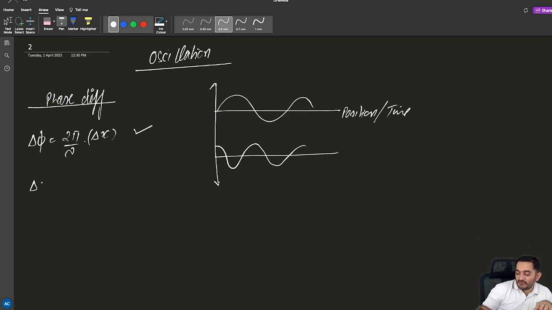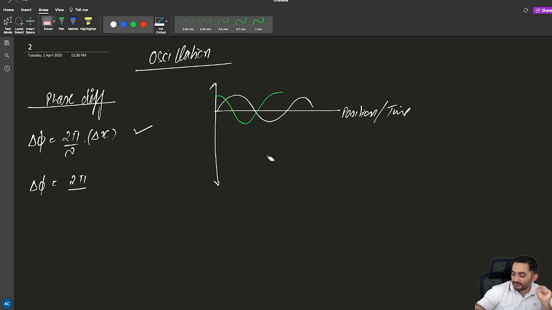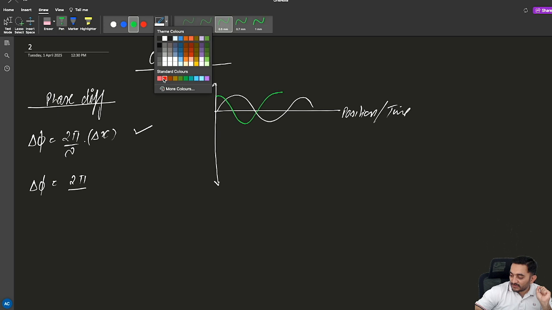If the value is given in terms of the time difference between the two points, I should draw both graphs over here so that you can see the second graph which I plot, let's say like this. When I say position difference, the position difference I'm talking about is this point.